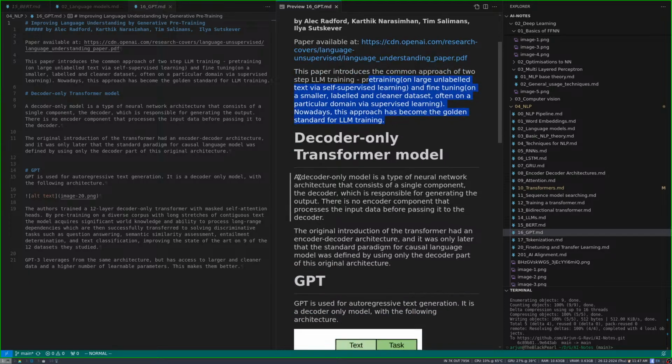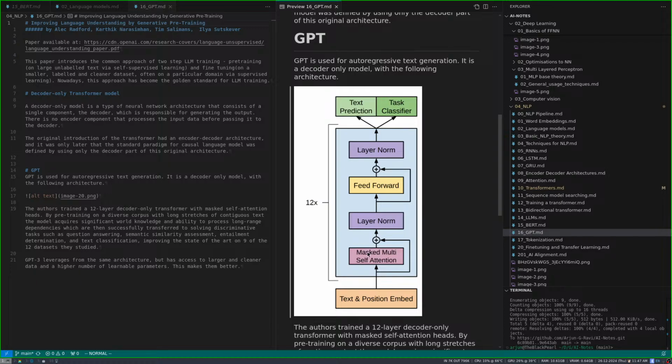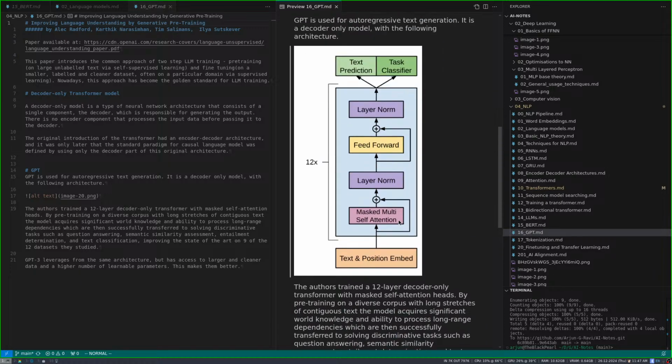This is the GPT architecture. We have the masked multi-head self-attention. We then normalize it. It's the same as the decoder, except the decoder actually has one more part, right? Yeah, cool.